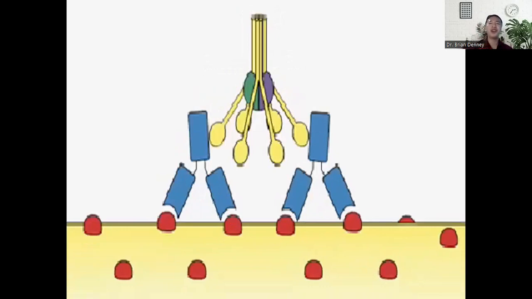Okay? So, question. What particular Fc region does the C1Q globular head bind to if the antibody is IgG? Very good. You're actually listening to my lecture. CH2 region. How about if IgM?